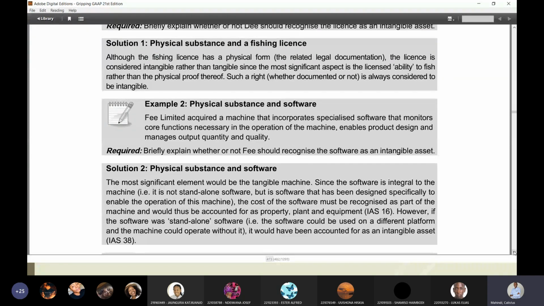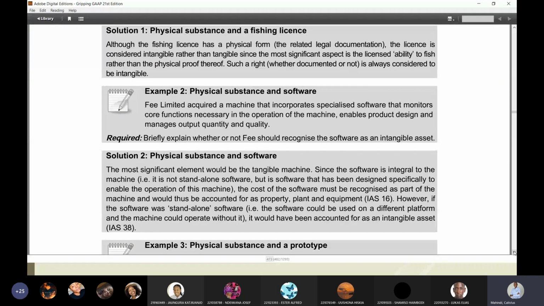The most significant element would be the tangible machine, since the software is integral to the machine. It is not standalone software, but it is software that has been designed specifically to enable the machine to operate.